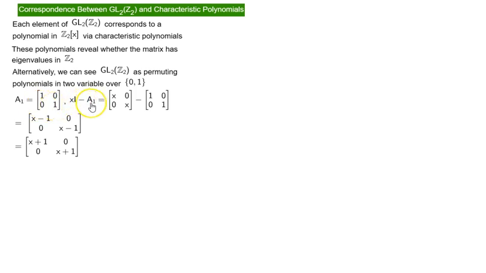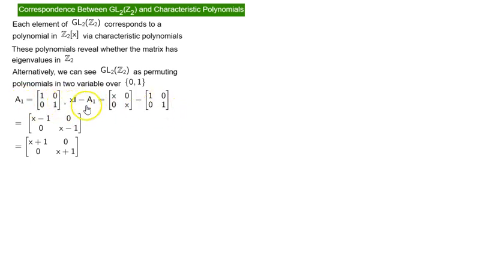Now, the characteristic matrix is xI minus A1. So xI is what? A scalar multiple of the identity matrix. Identity matrix is 1, 0, 0, 1. So if we multiply x with this identity matrix, we get x, 0, 0, x minus A1.